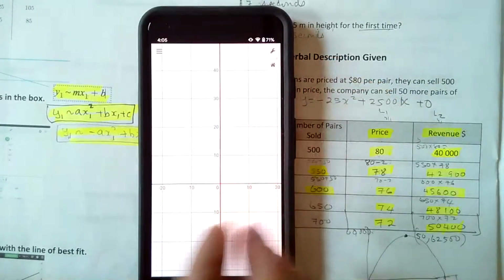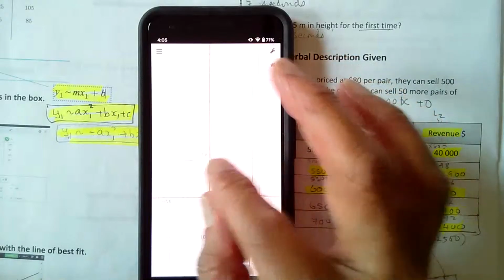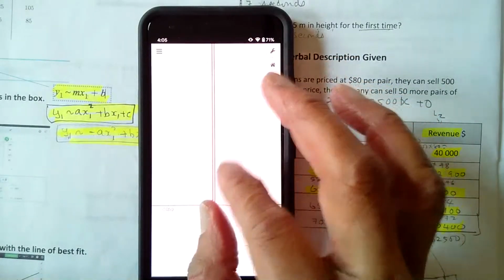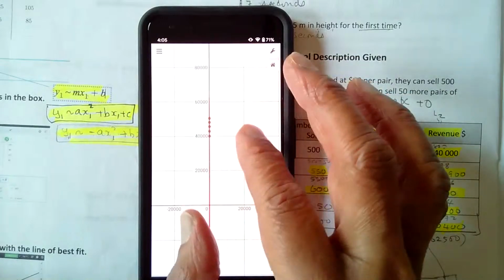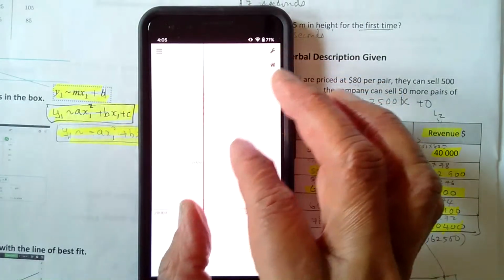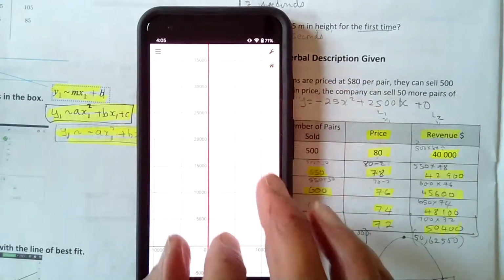Because this is a huge value, it's almost impossible to see a graph.